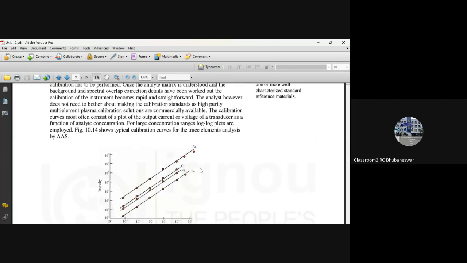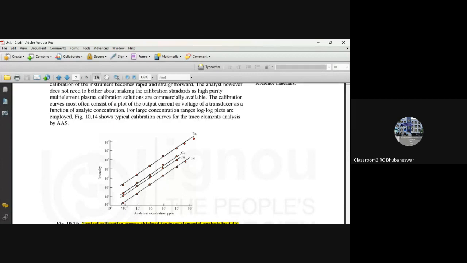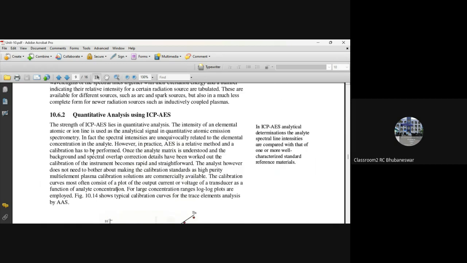In the x-axis you are just changing the concentration of the sample, and in the y-axis you are just following the intensity. So the strength of ICP AES lies in the quantitative analysis, not in the qualitative part.